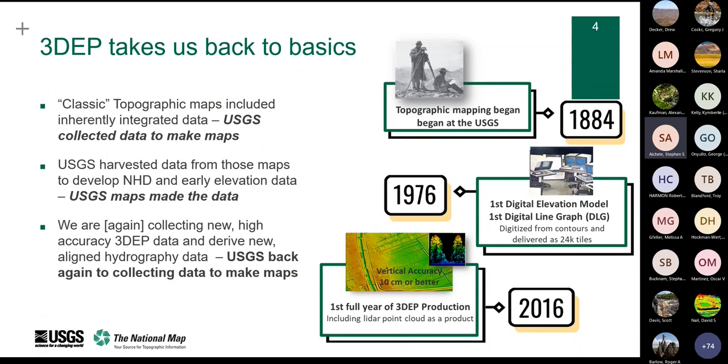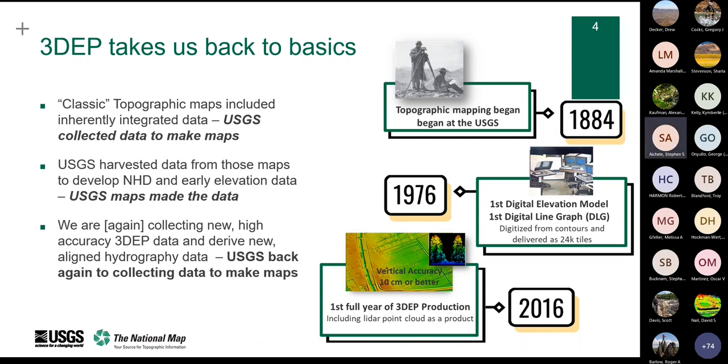We've talked about this slide before as well, but really the advent of 3DEP and direct measurement of the landscape takes us back to our roots of surveying the landscape and conveying that data. So we are back in the business of going out and collecting data and providing that data back to citizens, scientists, land managers, and the public, as maps in some cases, but as data as well that you can roll your own applications from.